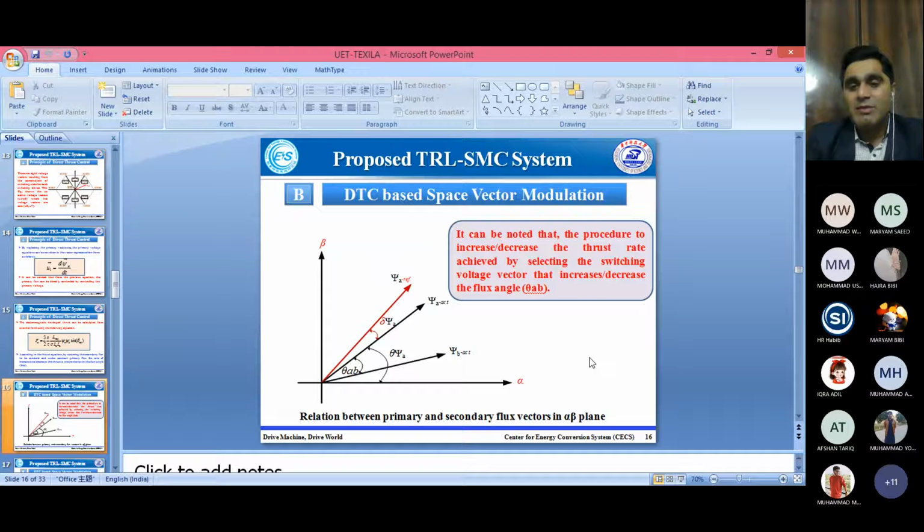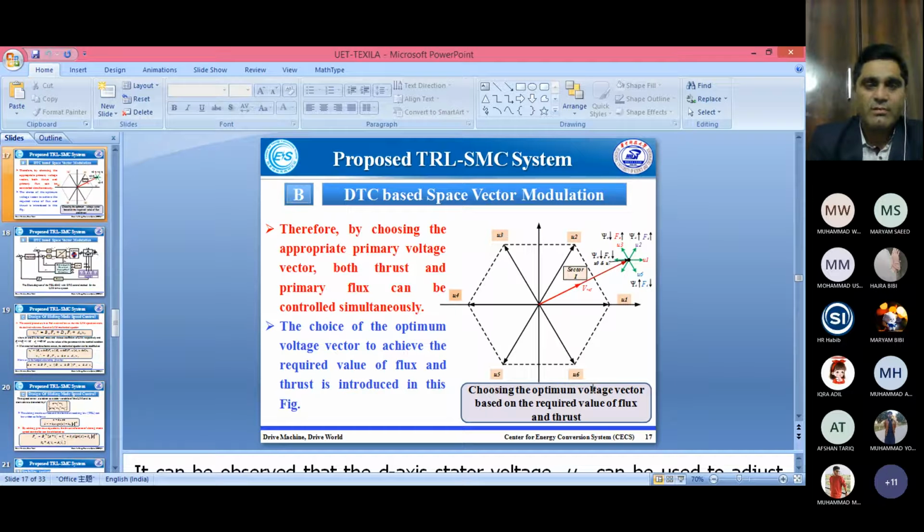Here it can be noted that the increase or decrease of thrust rate is achieved by selecting a switching voltage vector that increases or decreases the flux according to this angle. According to this angle, for example, this is the reference. Whenever this angle is greater, we can take a different flux rate on this relation between primary and secondary flux vector in the alpha beta frame, or stationary reference frame.